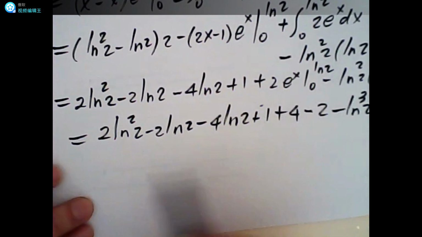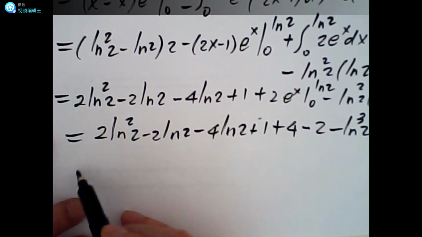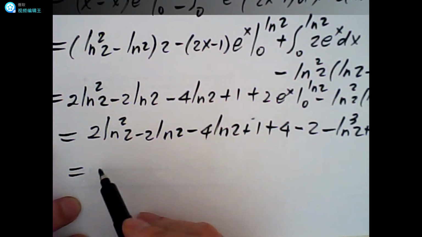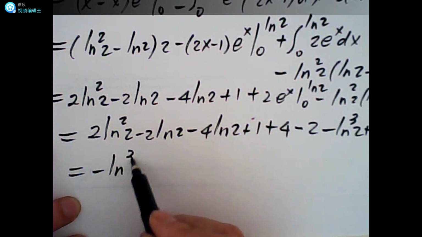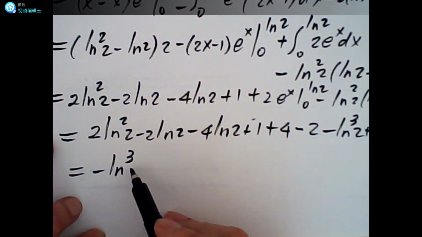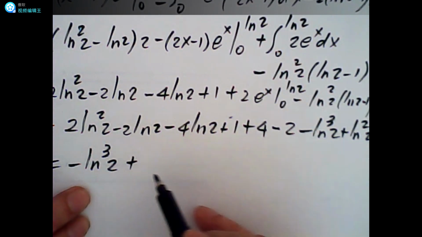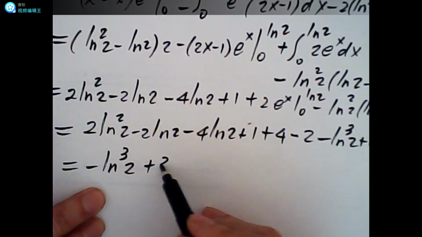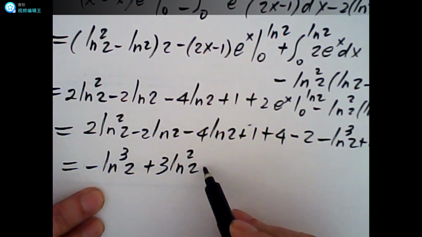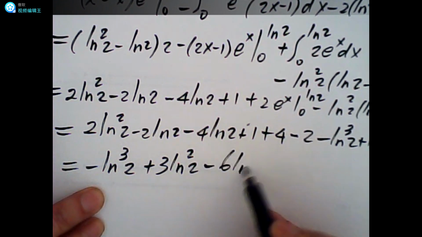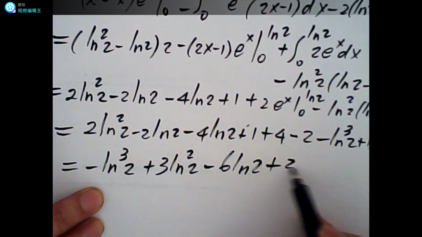And some tedious algebra. So this is negative natural log 2 cubed plus 3 log 2 squared minus 6 log 2 plus 3.